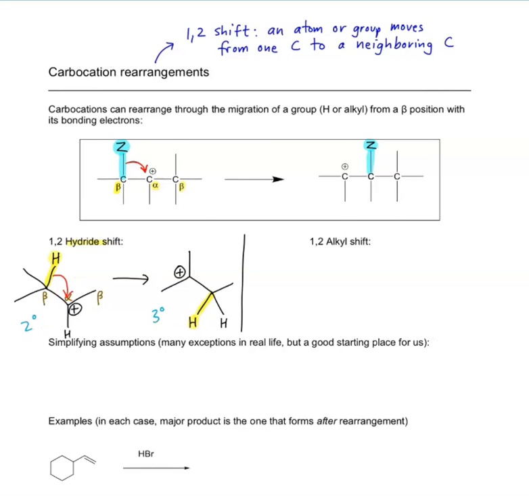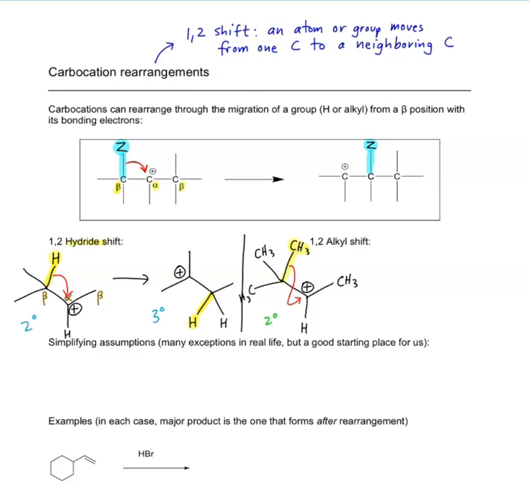Let's look at what's called an alkyl shift. As the name suggests, that's just going to be the migration of an alkyl group. Now I'll use methyl groups because they're smaller and easier to draw, but it could really be any alkyl group. So we're starting out once again with a very similar carbocation. This is a secondary cation. An alkyl group, in this case a methyl group with a pair of bonding electrons, can move over.